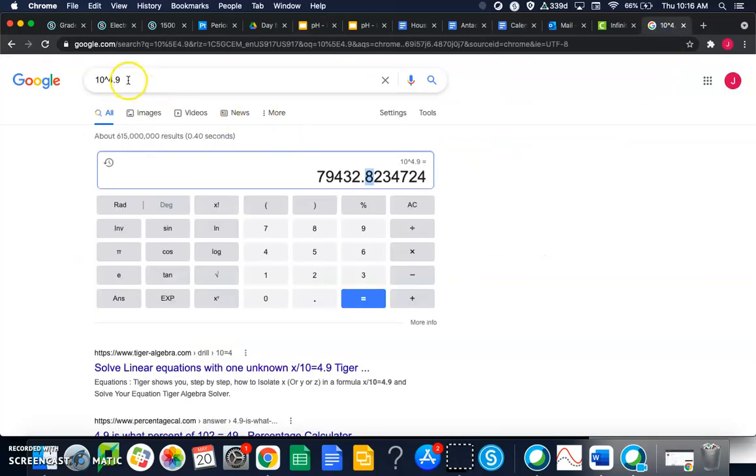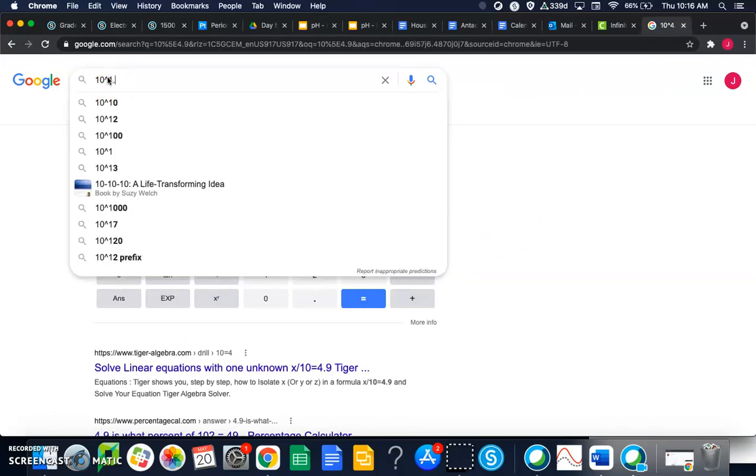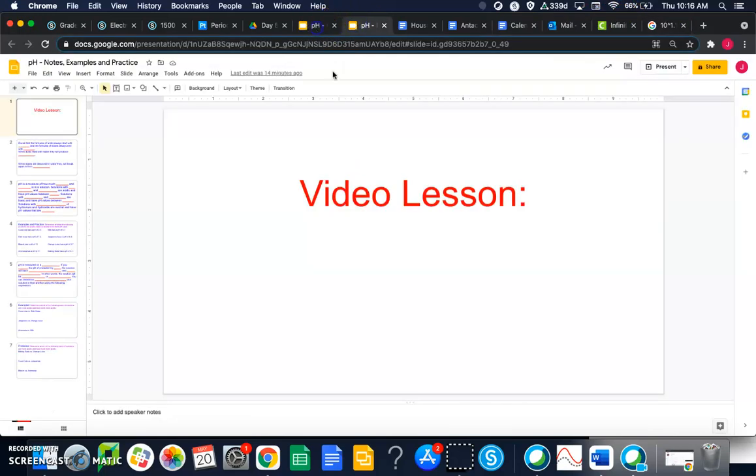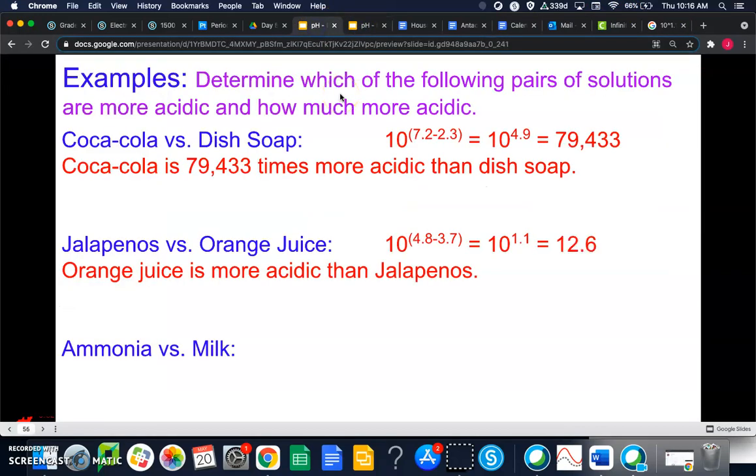Let's calculate that. 10 to the 1.1 is 12.6 roughly. So then we can write that in, 12.6. Okay, so orange juice is 12.6 times more acidic than jalapenos.